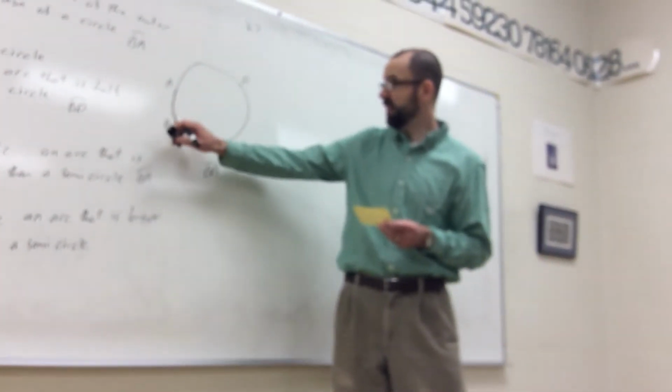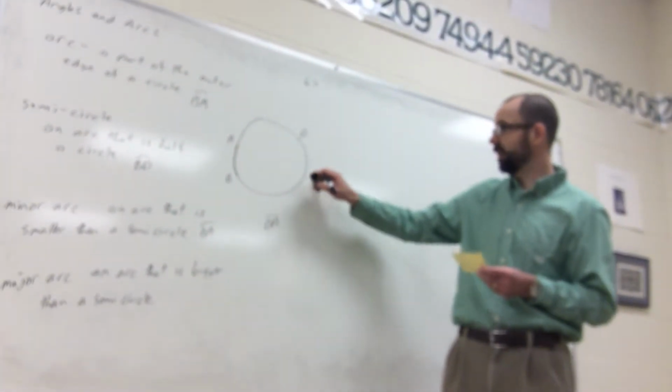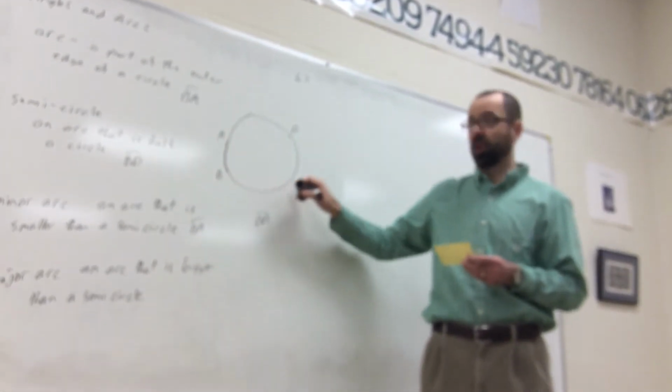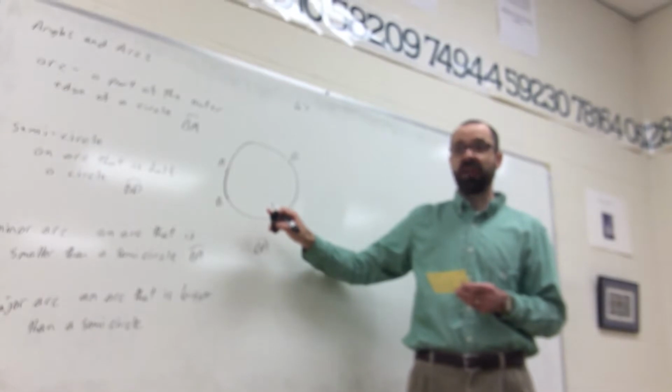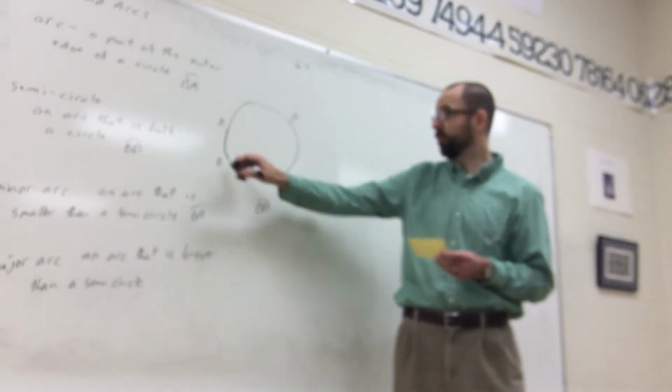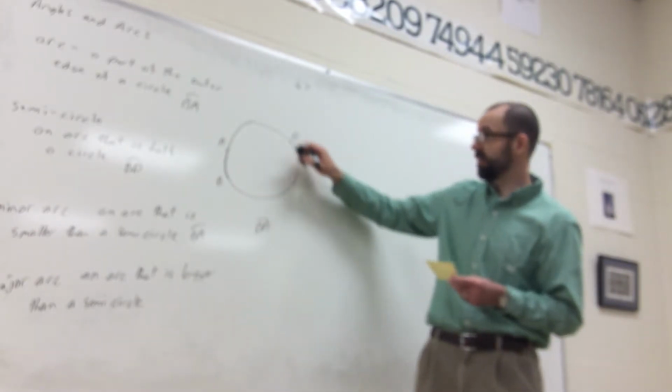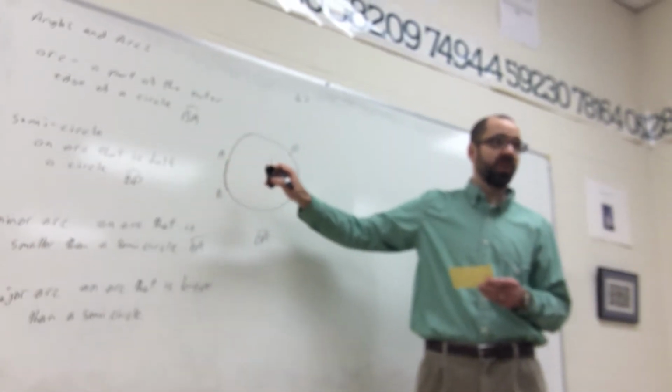So if you went from B around this way to A, that would be a major arc because it's more than halfway. So if you went B to A that way, that's a minor arc. But if you go B to A this way, then that's a major arc.